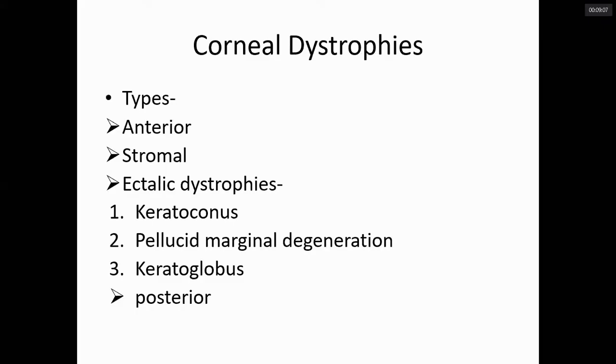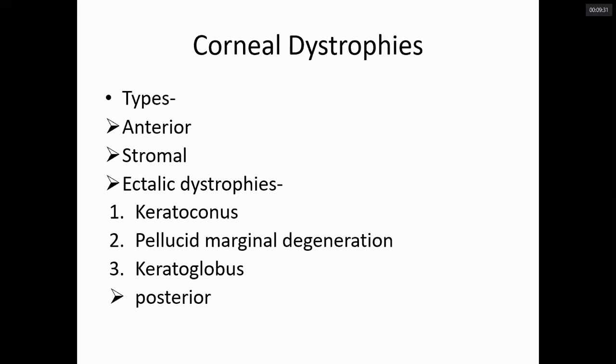Corneal dystrophies. There are some corneal conditions where dystrophy of the cornea occurs. There are different types of corneal dystrophy: anterior, stromal, and ectatic dystrophies. In anterior dystrophies, the epithelium undergoes dystrophy and causes corneal opacity.